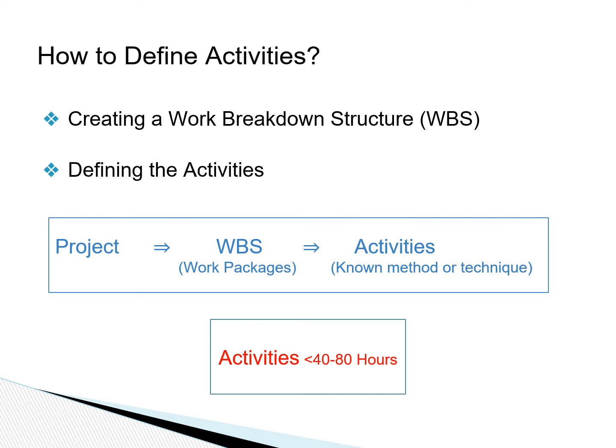So how do we define activities? One of the most effective ways is by breaking down a project into smaller pieces. The outcome of this process is called work breakdown structure, or WBS. Each smaller piece is called a work package. We continue the breakdown until the activities required for each package can be clearly identified.